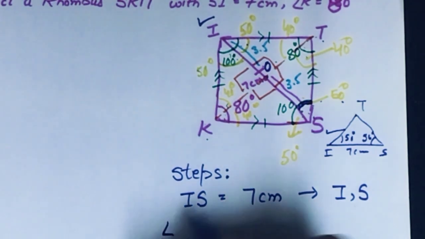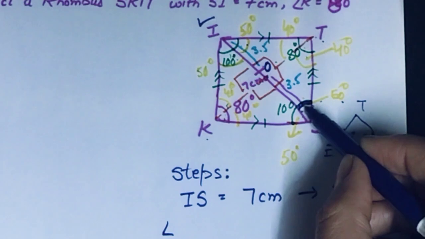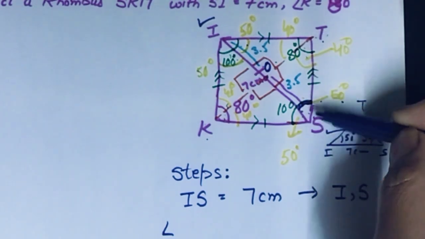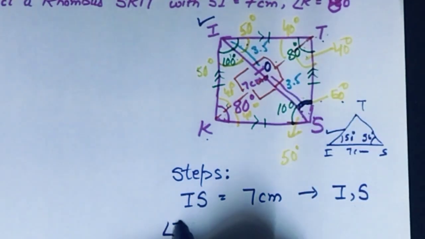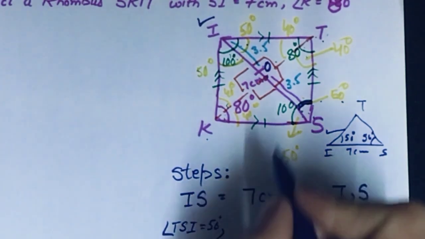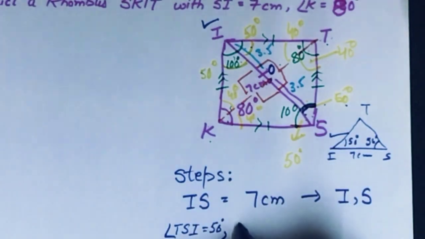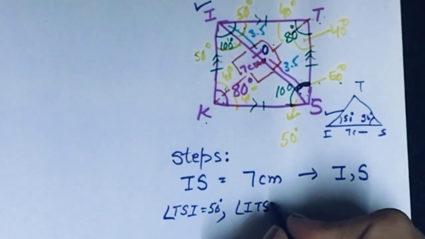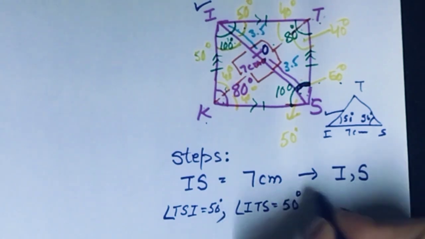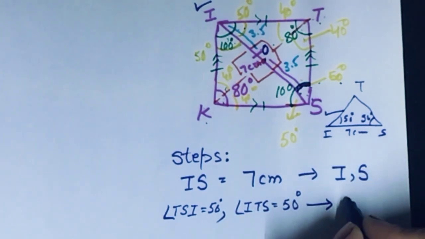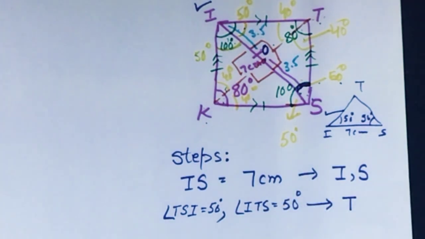Let's call this angle TSI by 3 letters. TSI equals 50 degrees, and the second is ITS. So this is also 50 degrees, and both of these angles together will give you vertex T.